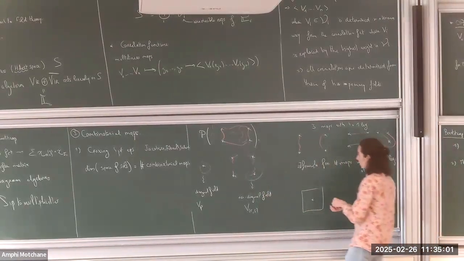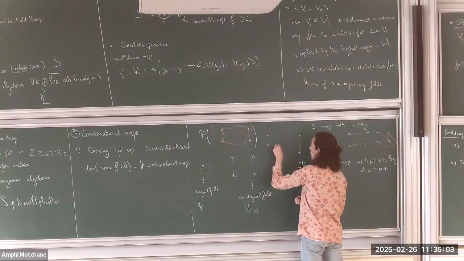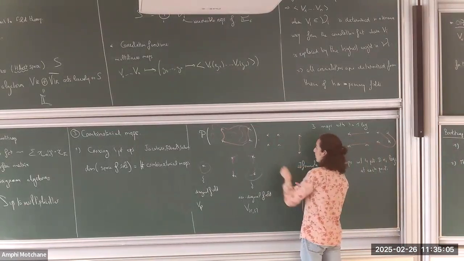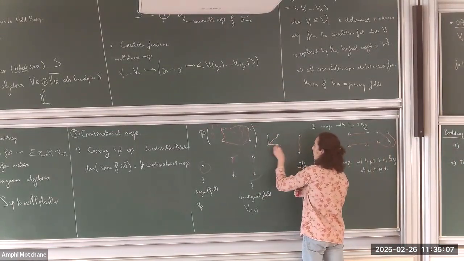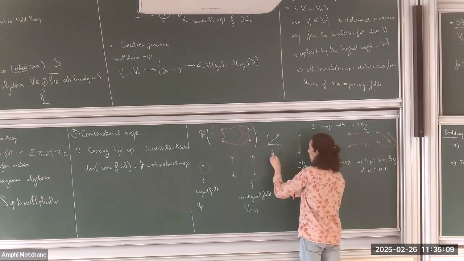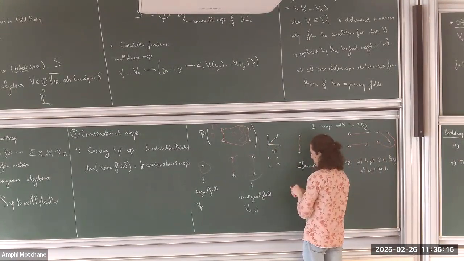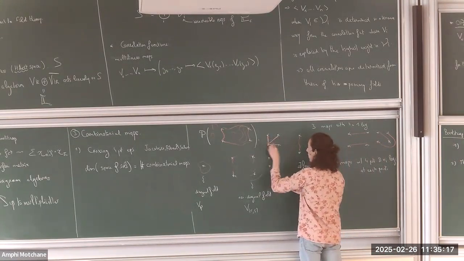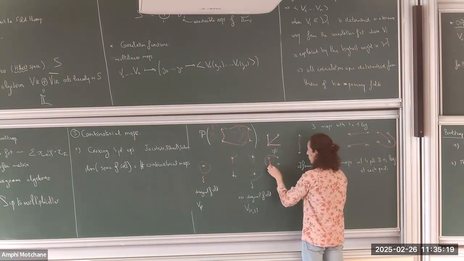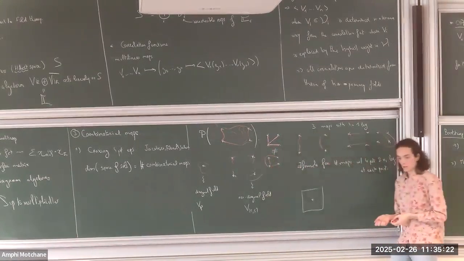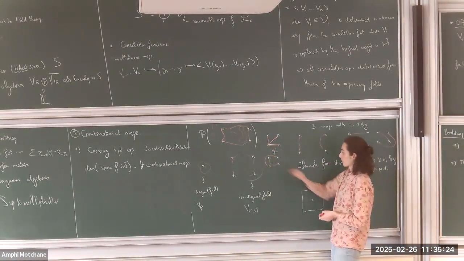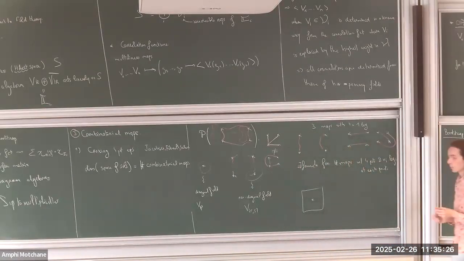So, for instance, if I had 3 points or 4 points, these two maps, this is different from this one, because the cyclic order is different. So that's just a definition about combinatorial maps.